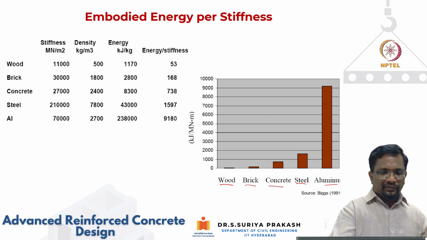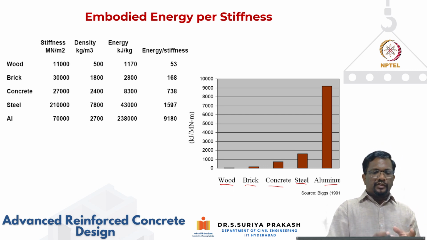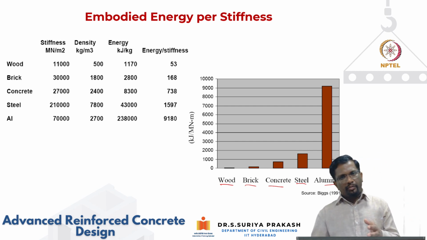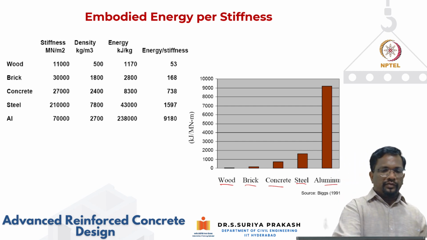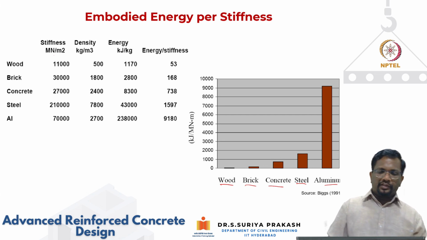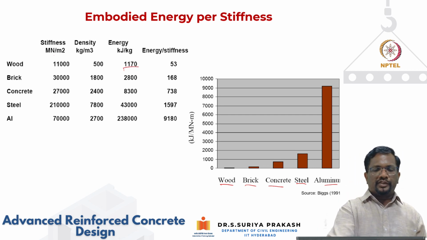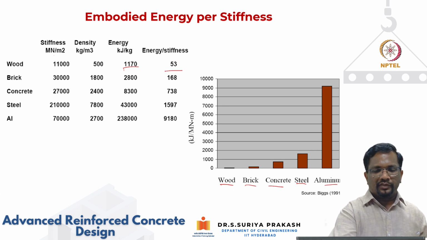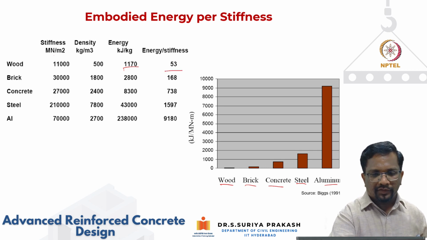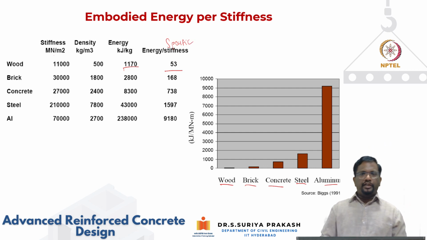Specific stiffness is the stiffness of that material divided by the density. If you divide the stiffness by density, you get the specific stiffness. Then you divide the energy by the specific stiffness, you get the energy per specific stiffness.